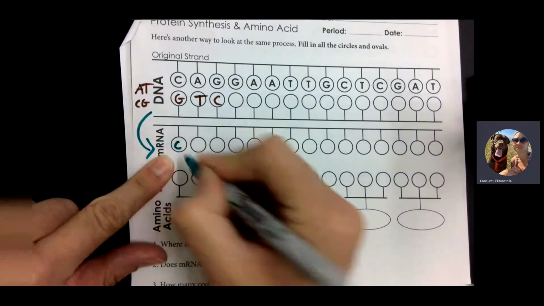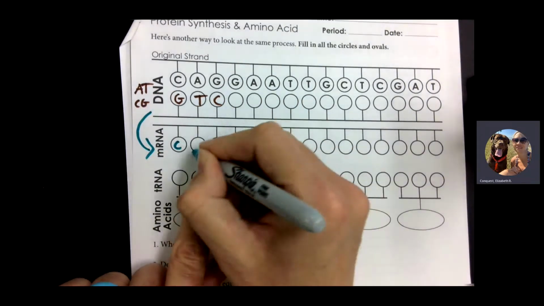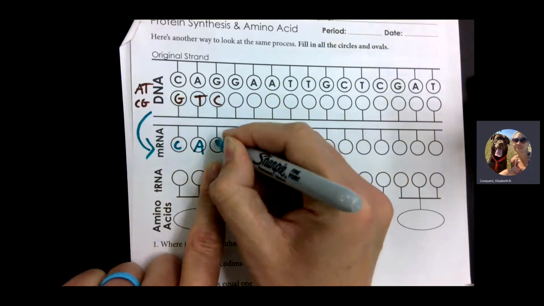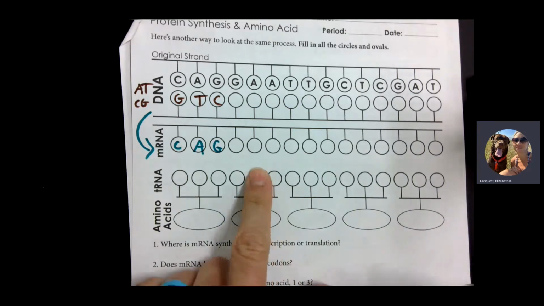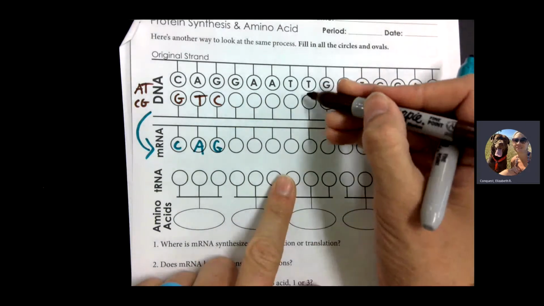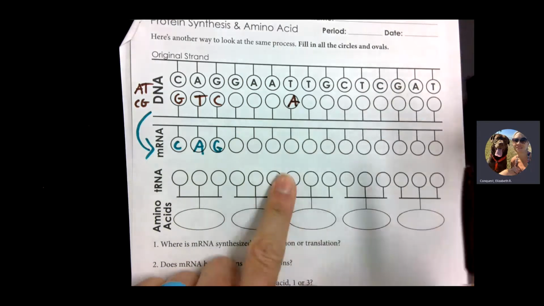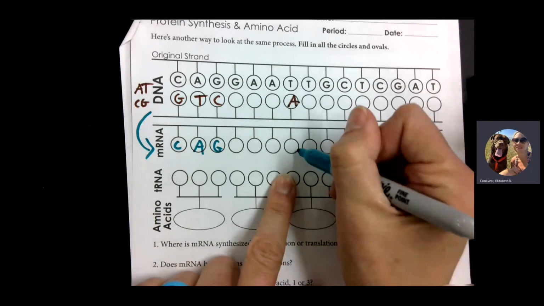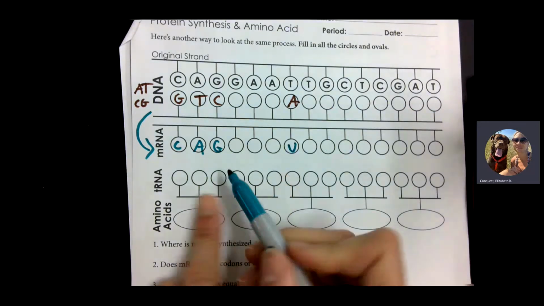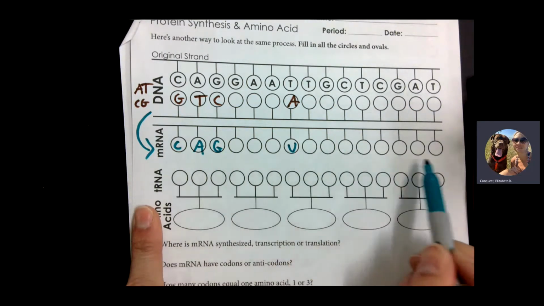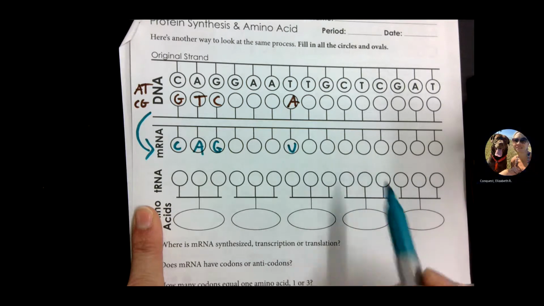G turns to C, T turns to A, C turns to G. The only time you have to be careful here is when you have a T that turns to A. Remember, A cannot be a T in RNA. It has to be a U. So you should have no T's in this row, none at all.